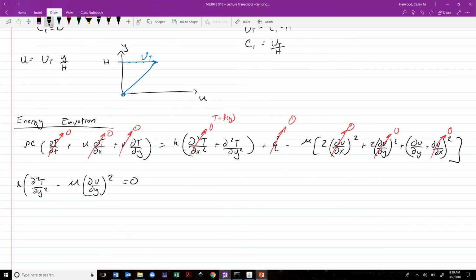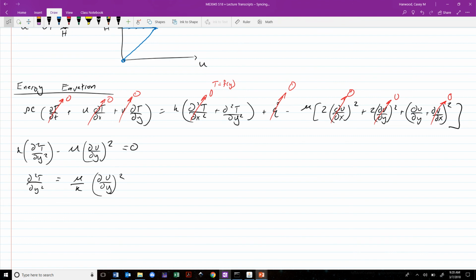This should be k. Or d squared T over dy squared equal to mu over k times (du/dy) squared.